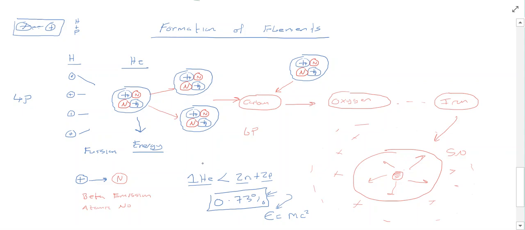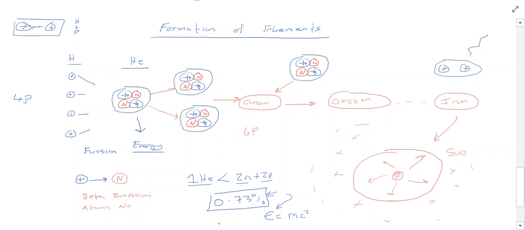So what we find is that as we go through this process, it's easier to combine the nuclei of these atoms over here, but as you move across this way, they progressively become harder. And if you were to take two iron atoms and try to fuse them together, it won't actually give out any energy.